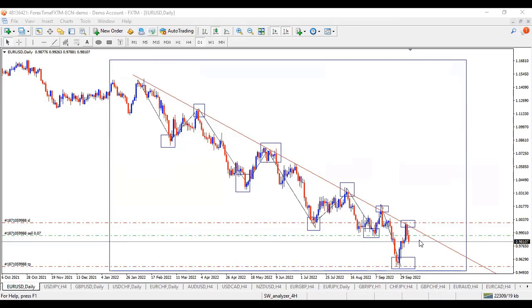So patience is key. Also, whenever you're getting into a trade, guys, there is what we call a position size calculator, especially if you have a good amount as your trading capital. Please make use of the position size calculators so that you're able to trade professionally. The position size calculator helps you calculate the lot size you're going to place when entering a trade, so that you don't just enter as a gambler.